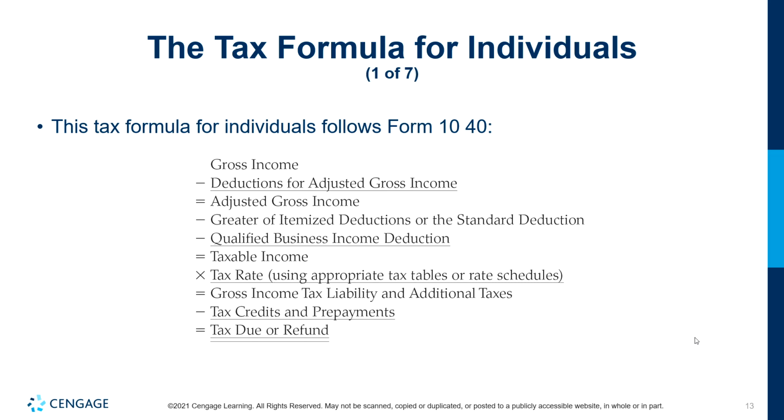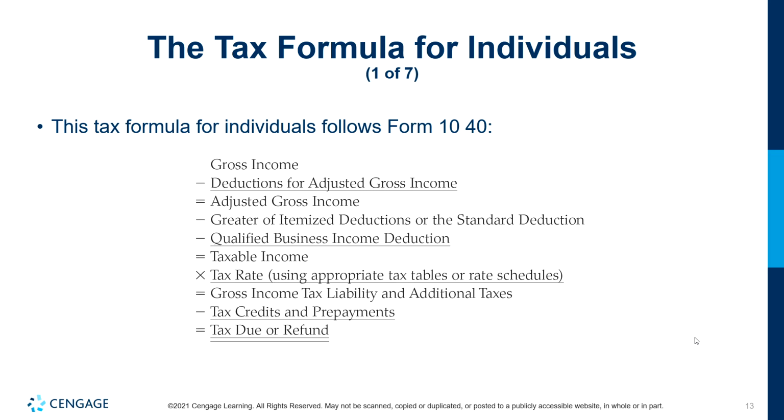Now, from this taxable income, after all these deductions that are happening, we're going to multiply it by the tax rate using appropriate tax tables or rate schedules, which of course we'll show you how to do. After that, this means basically our gross income tax liability and additional taxes.